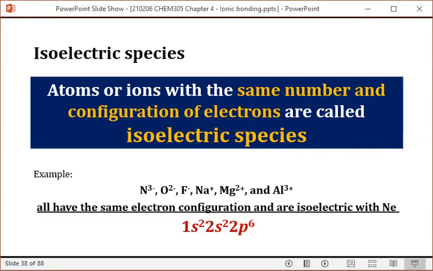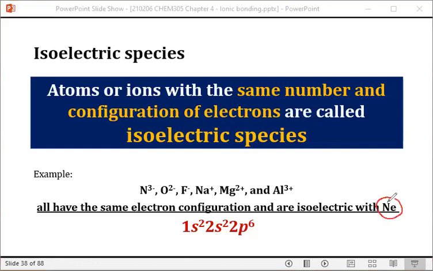So again, isoelectronic species are atoms or ions with the same number and configuration of electrons. So an example of what's called an isoelectronic series would be a series of atoms that all have the same electron configuration. So an isoelectronic series for neon would be all of these elements here.